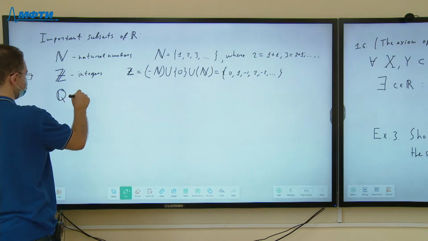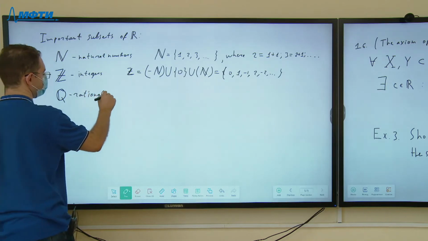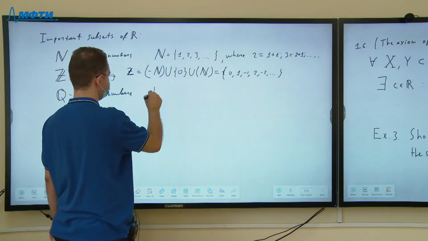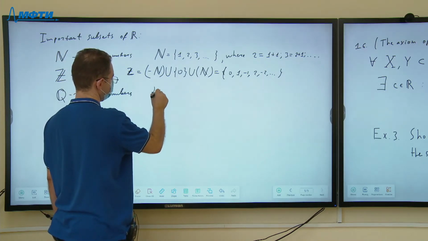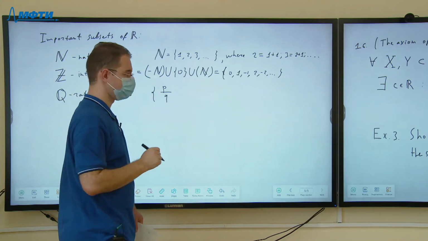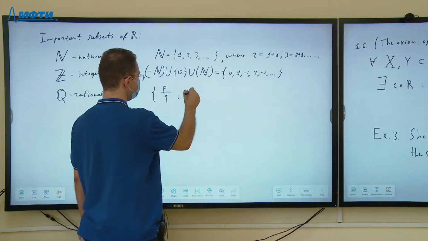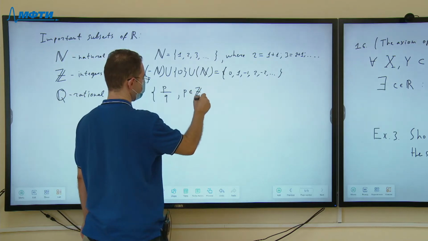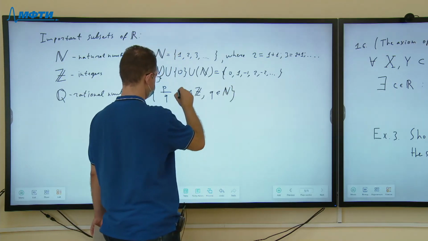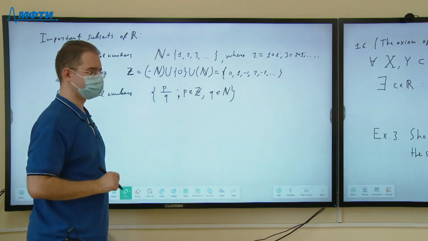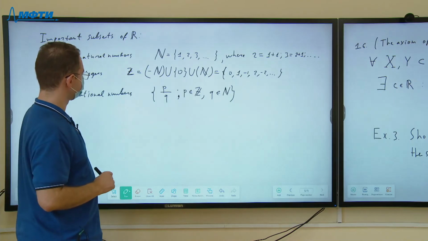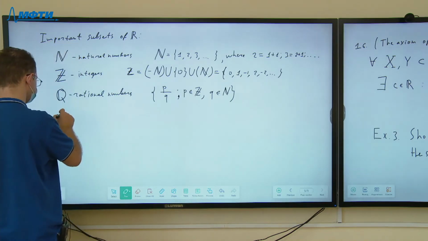Rational numbers. Those are numbers that can be expressed as p divided by q, where p is an integer and q is a natural number. And of course we have different intervals.